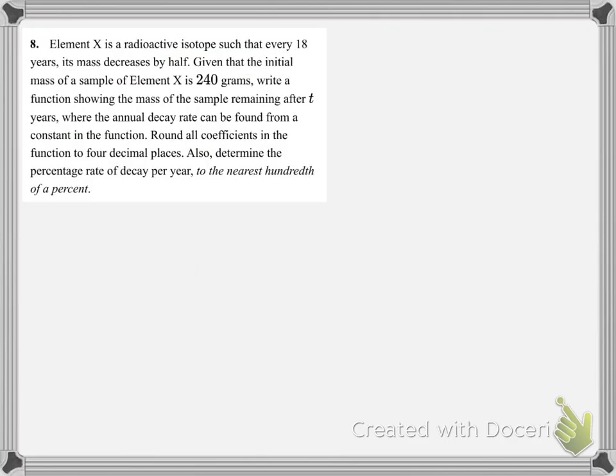Last one. Element X is a radioactive isotope that every 18 years, its mass decreases by half. Given that the initial mass is 240 grams, and now it says all the same stuff. It says annual decay rate. So we're doing decay.